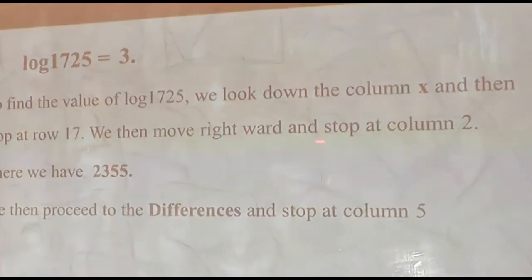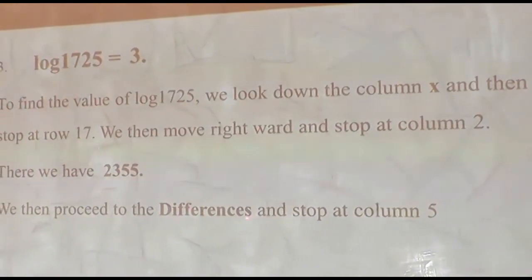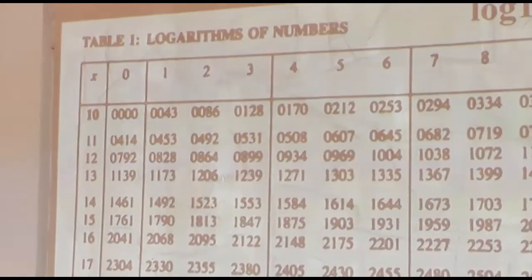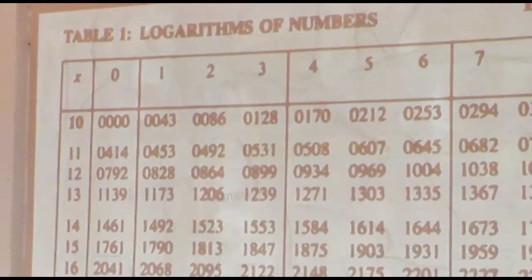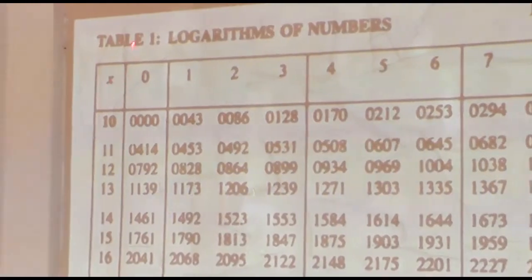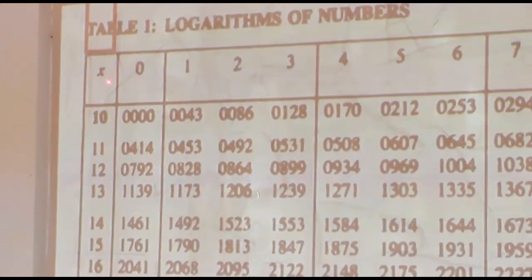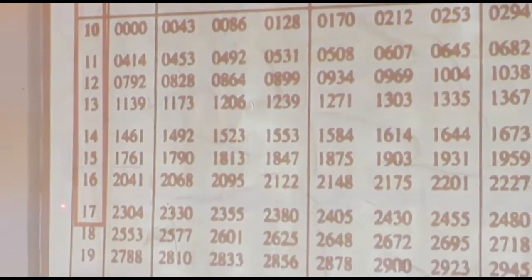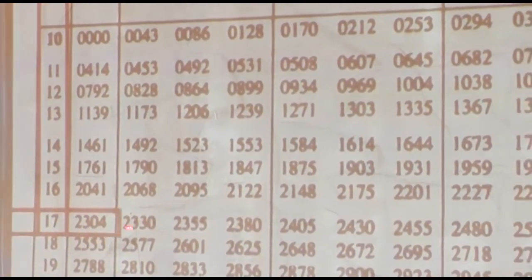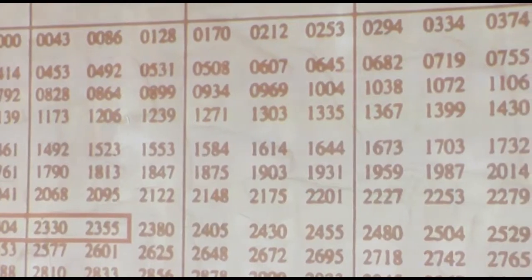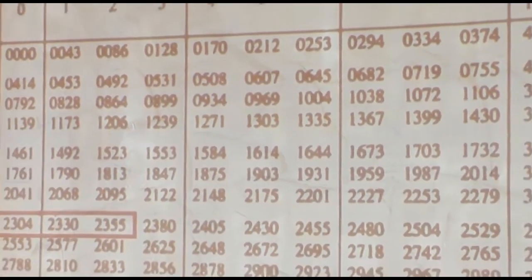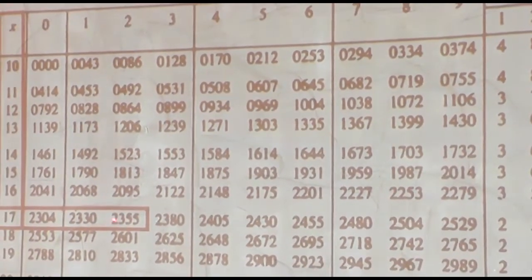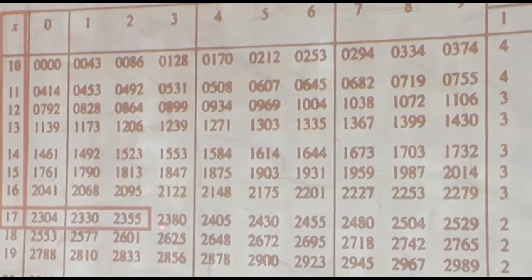This fourth number, we look at it on the difference side. So for log 1725, I go to column X and look for 17. Then I move straight along this row to the column headed by the third digit 2, and there we have 2355.